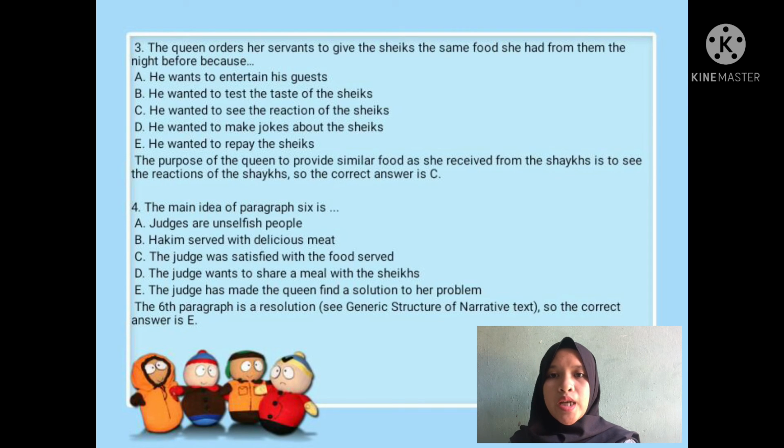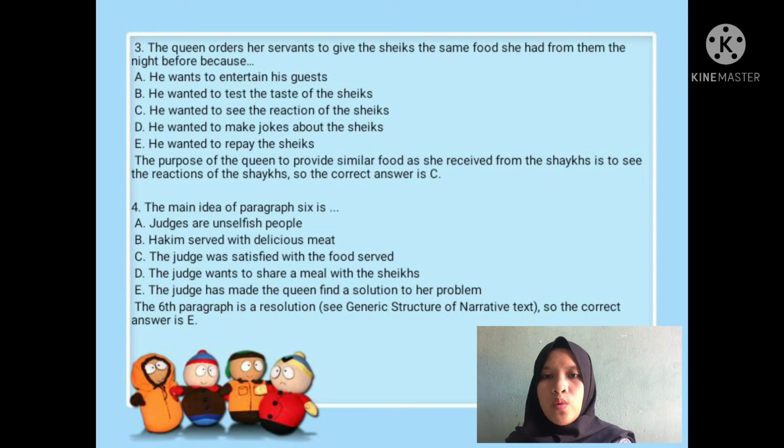And question 3. The queen orders her servant to give the sheikh the same food she had received the night before because blah blah blah. A. He wanted to entertain his guests. B. He wanted to test the taste of the sheikh. C. He wanted to see the reaction of the sheikh.